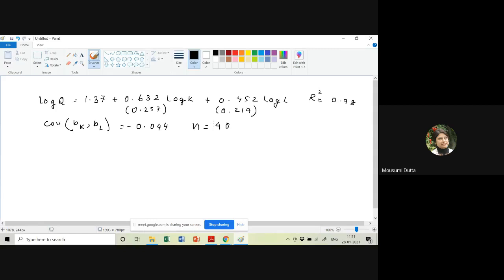Test the hypothesis at 5% level of significance. Okay, so alpha, that is level of significance, is 0.05.